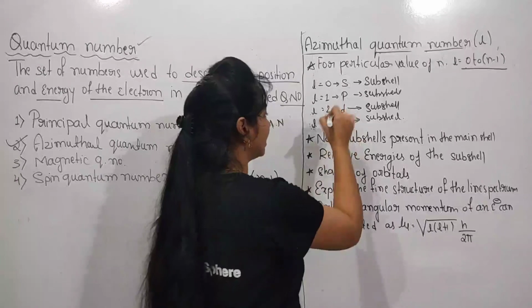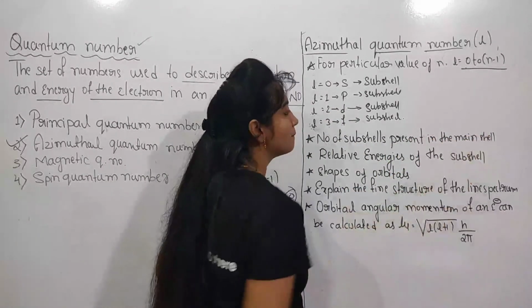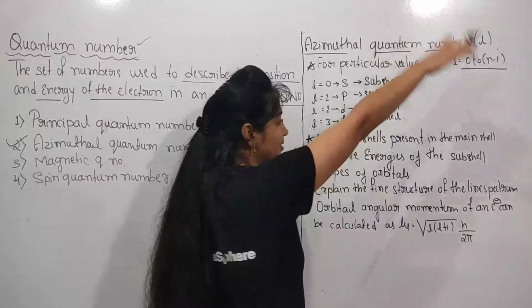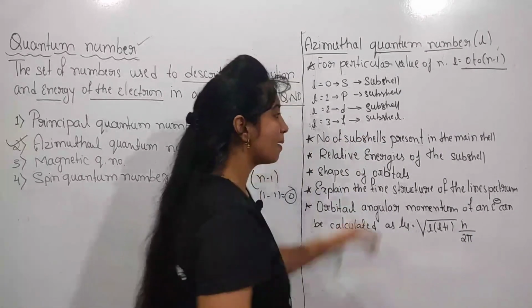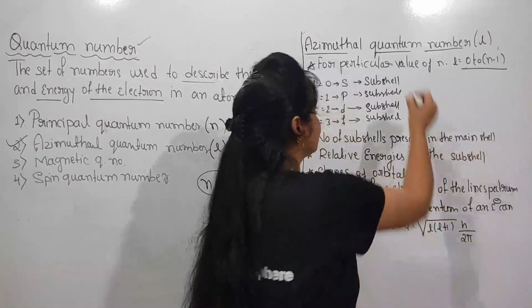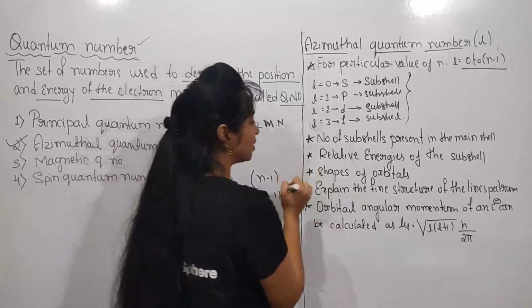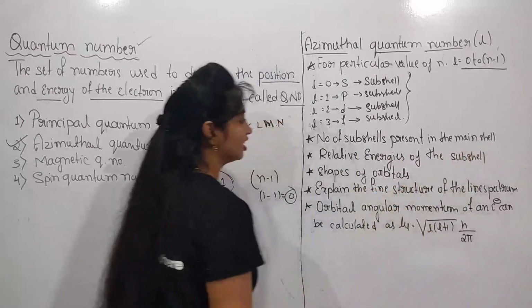So see here, the next point, the number of subshells present in the main shell. I already told you, this azimuthal quantum number gives information about the number of subshells present in the main shells by these values.